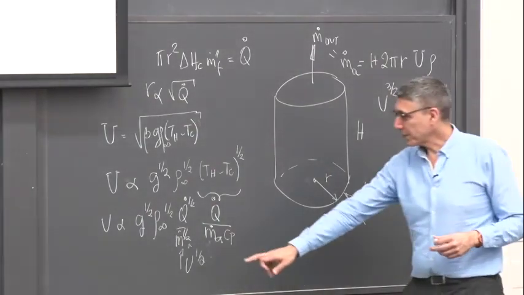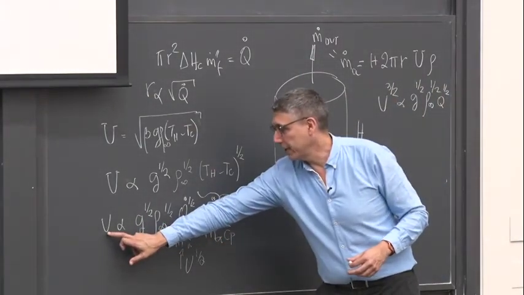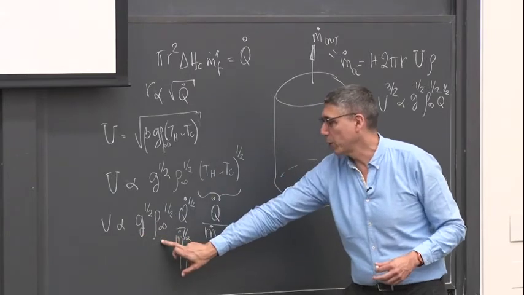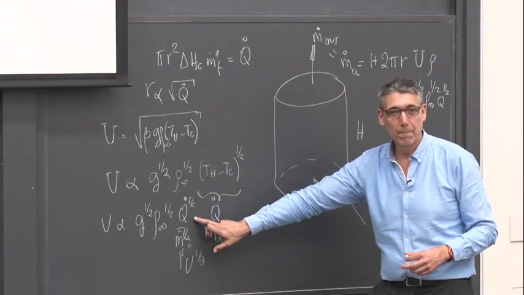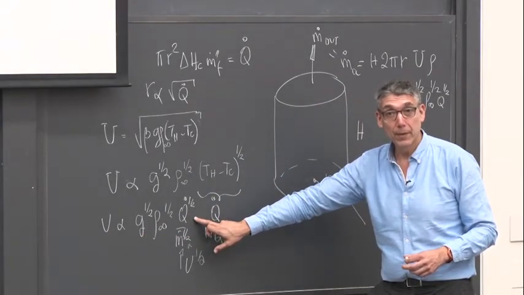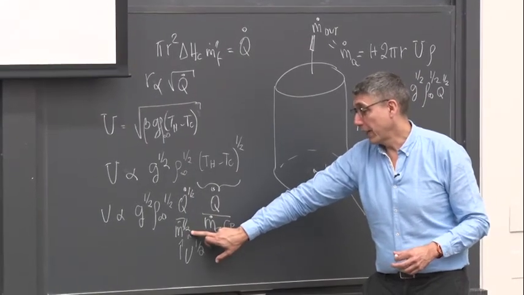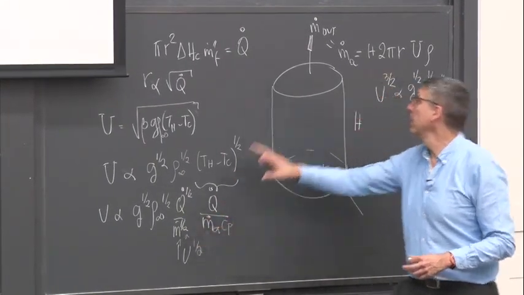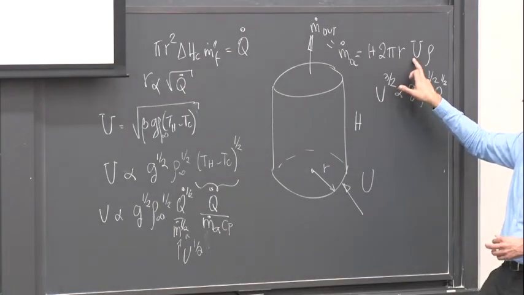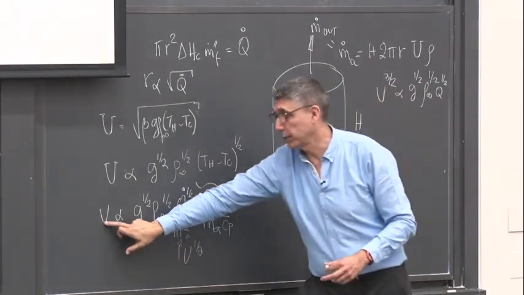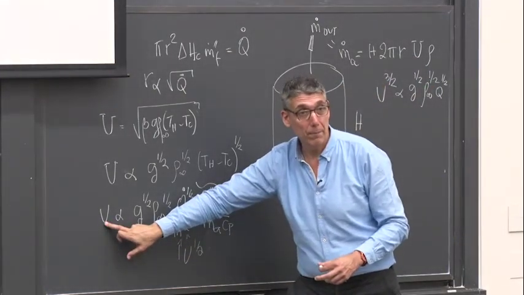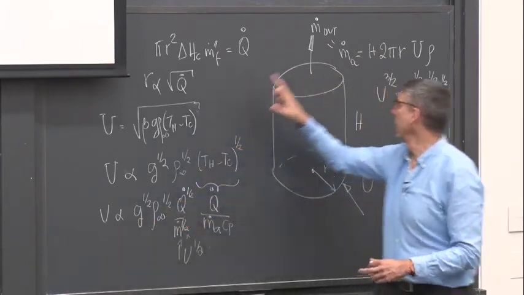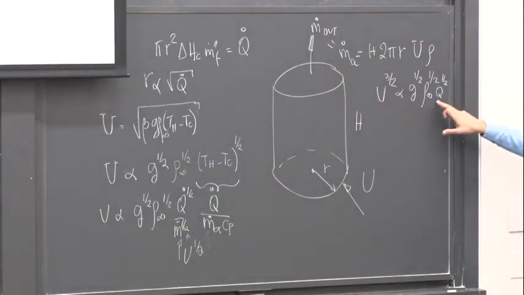Okay, so basically I did u, g to the 1/2, rho to the 1/2, Q to the 1/2, m to the 1/2. So then I substituted this by this, and I got another u which I multiplied to the other side. So I got u to the 3/2 is equal to this, this, this.